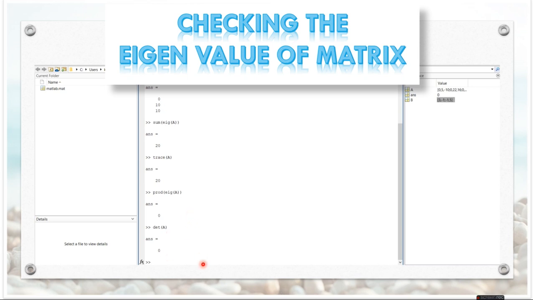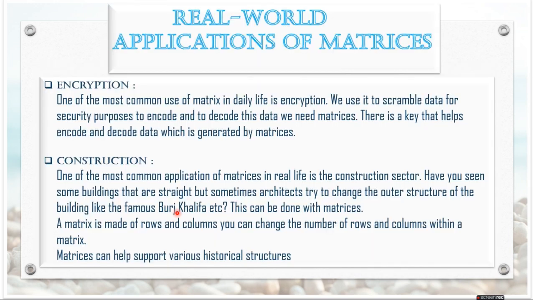So we have verified that the given eigenvalues of matrix A are correct. By the properties of eigenvalues, we can check whether our eigenvalue output is correct or not.